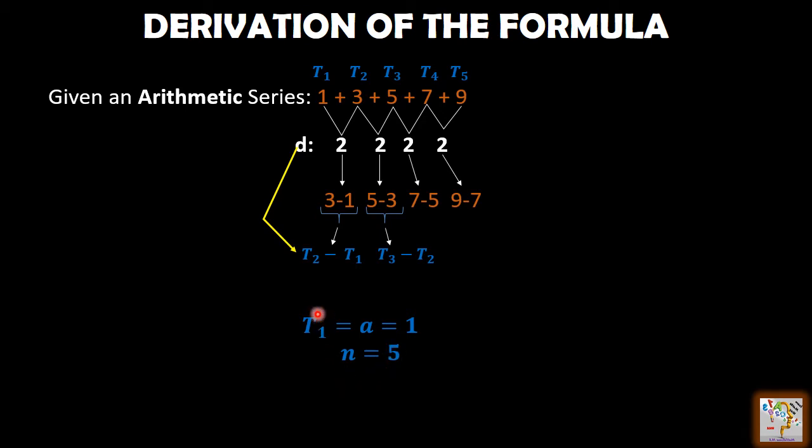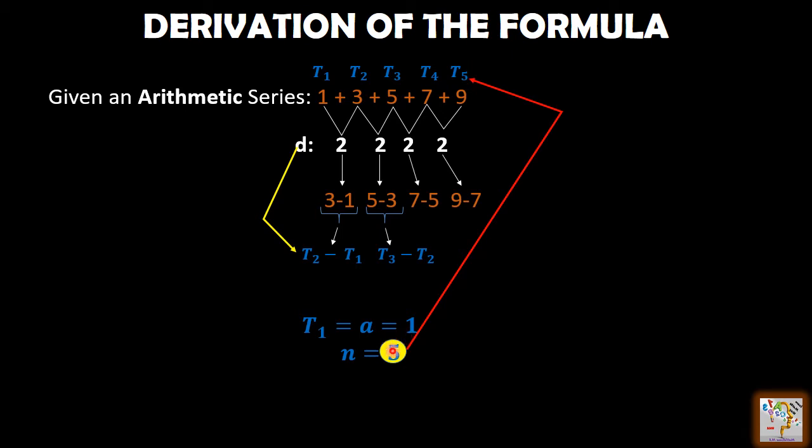But remember, when we were recapping, we said if you don't want to say T1, you can say A. And in this case, our first term is what? It's 1. So the 5 that you see here is actually the 5 that you see there. This 5 means the number of terms is 5. So be careful. Let's interpret this.